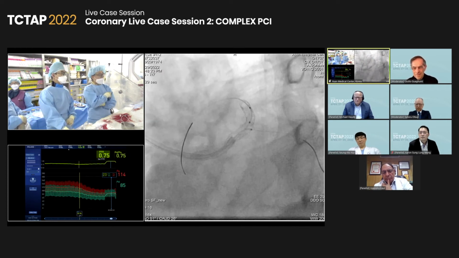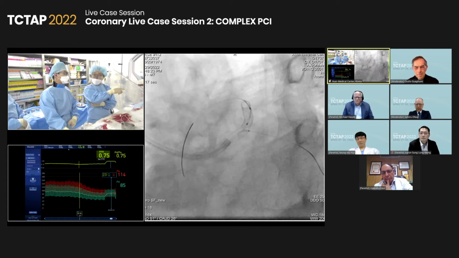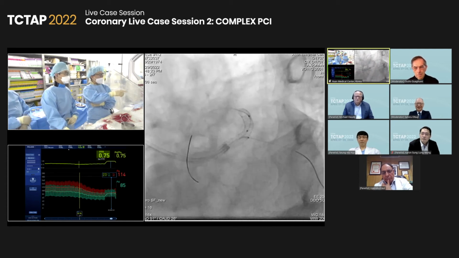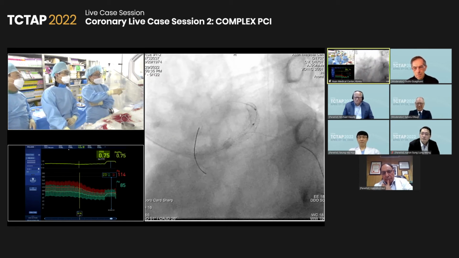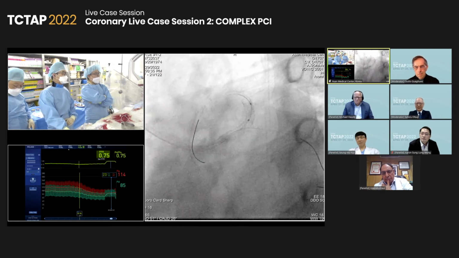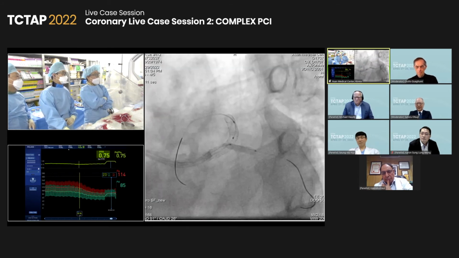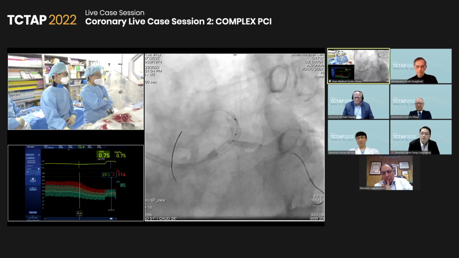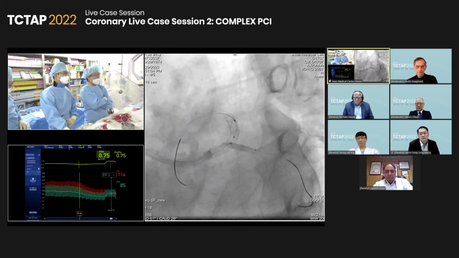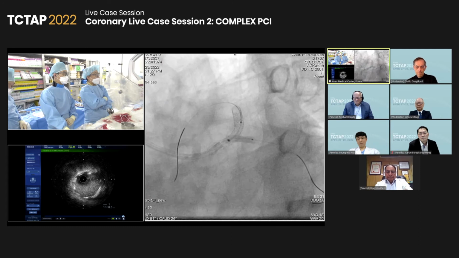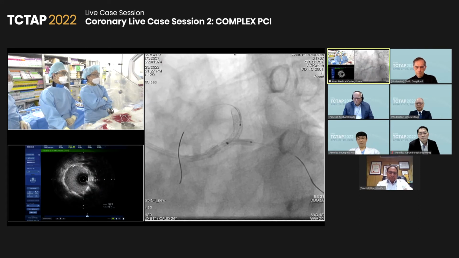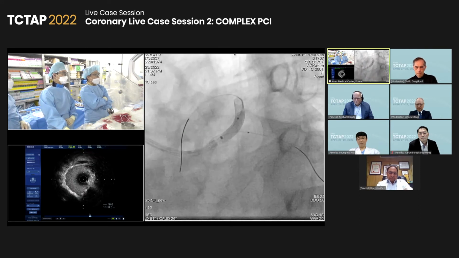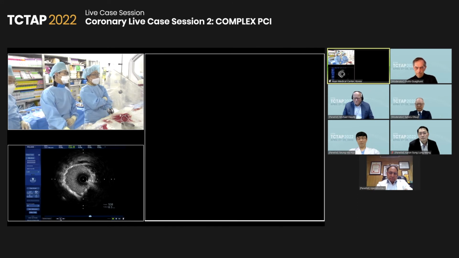So we went step by step with a 1.0 balloon, then 3 and 4 times 1.0, and then the 3.0 compliant balloon expanded well. Sequentially the side branch ostium expanded well, and then the LAD with the 4.0 balloon.